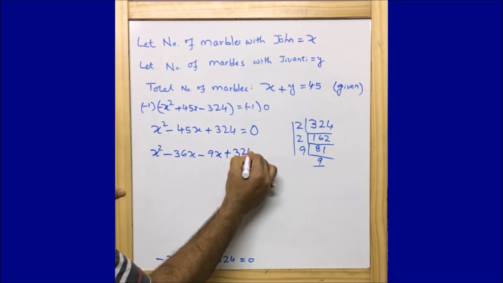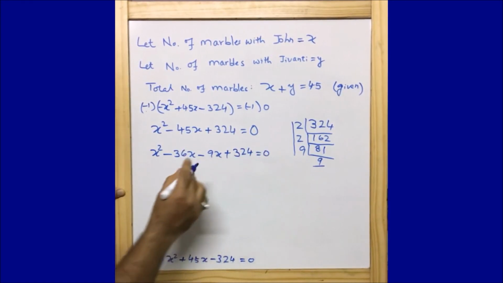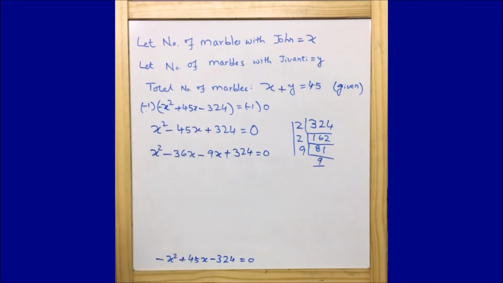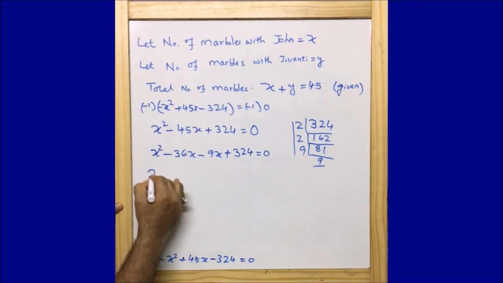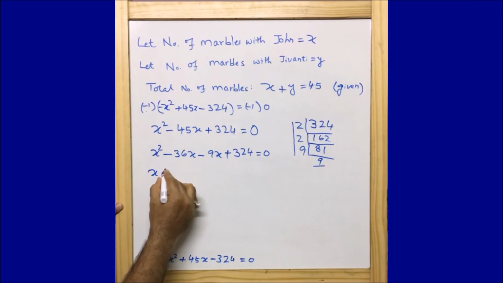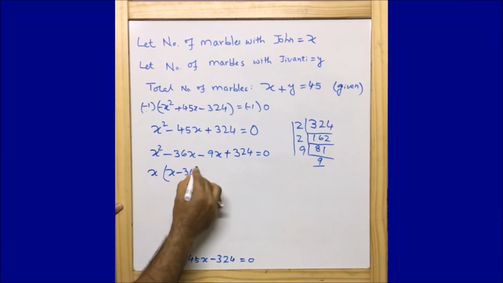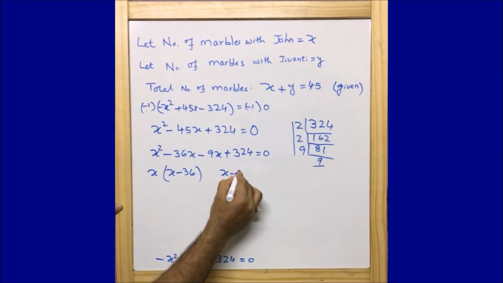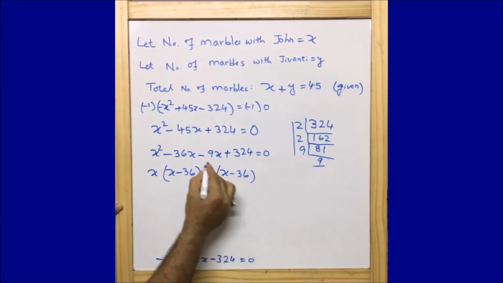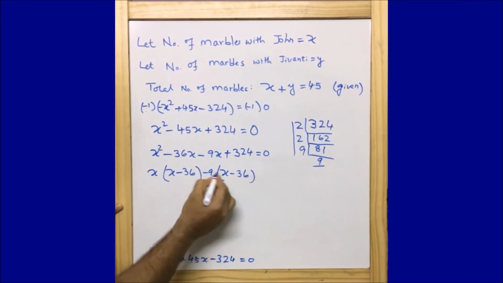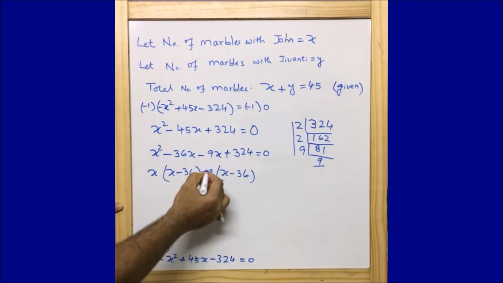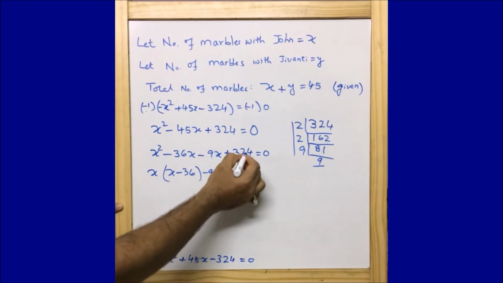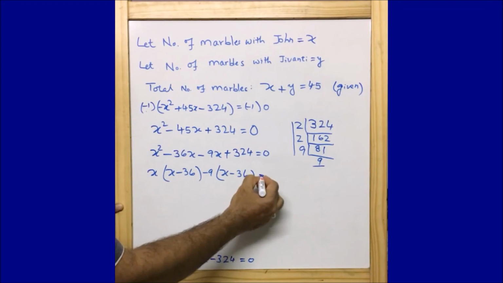So this easily satisfies the equation. Now taking x as a common factor outside, I am getting x into x minus 36 as one part, and similarly the other part I can write as minus 9, because minus 9 into x will become minus 9x, and minus 9 into minus 36 will become plus 324, is equal to 0.